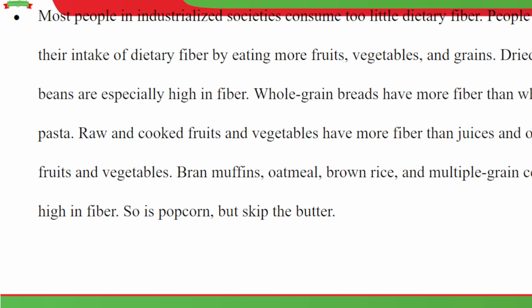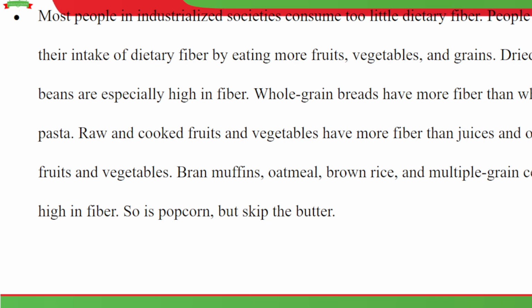Raw and cooked fruits and vegetables have more fiber than juices and other processed fruits and vegetables. True, because when you're eating them raw or cooked, there is nothing like softening of the structures, so you get that fiber. Examples are bran muffins, oatmeal, brown rice, and multiple grain cereals, which are all high in fiber.